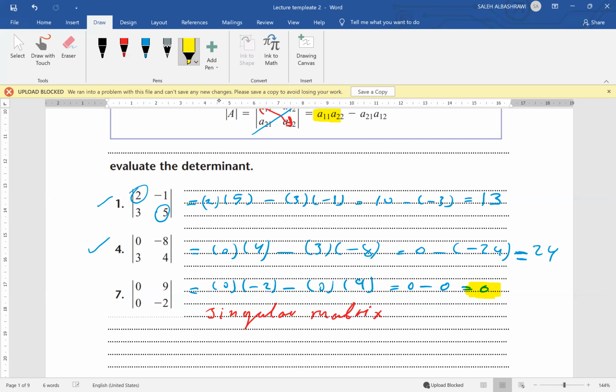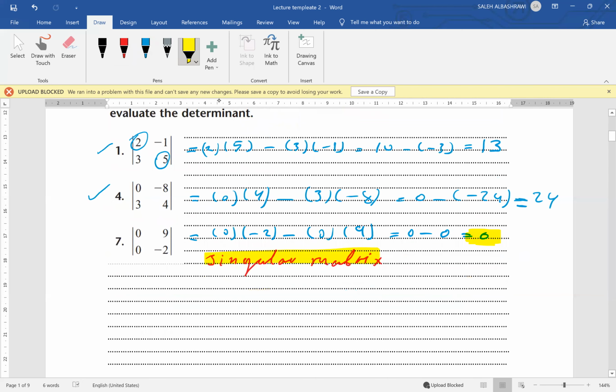A singular matrix means this matrix has no inverse. If the determinant is equal to 0, then the matrix is called a singular matrix, or there is no inverse for the given matrix. Let's move to the next point in this lecture.